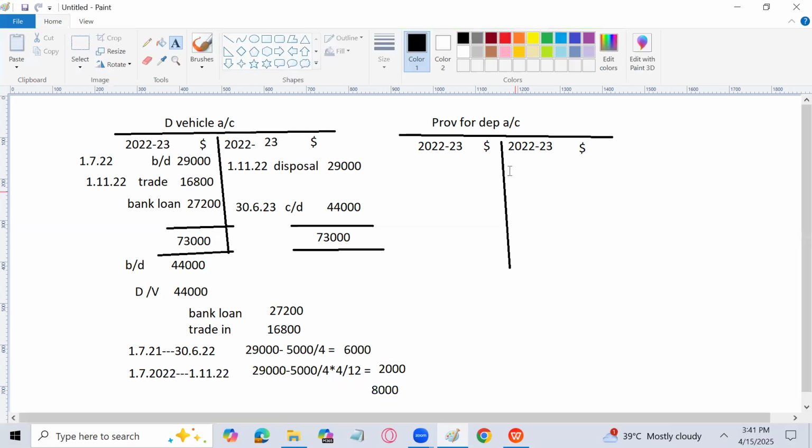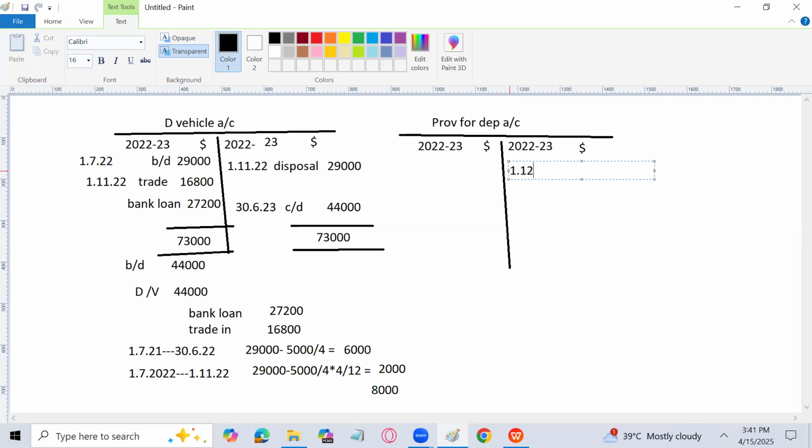So let's first write the balance brought down on 1/7/22. We have already depreciated available in our accounts from 2021 to 22, and that is 6,000. Then here I will charge for the year. I will write charge for the year on 1/7/22.